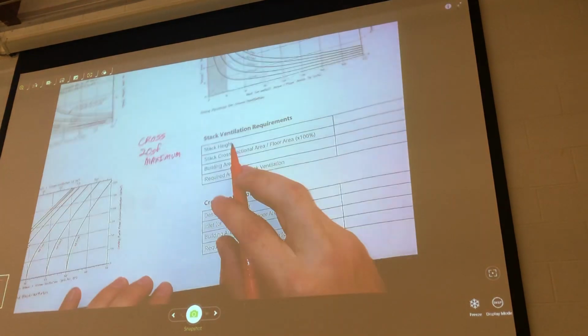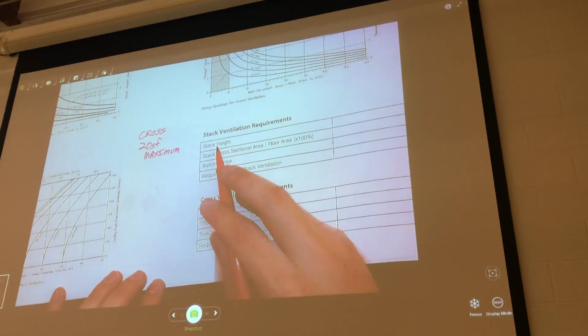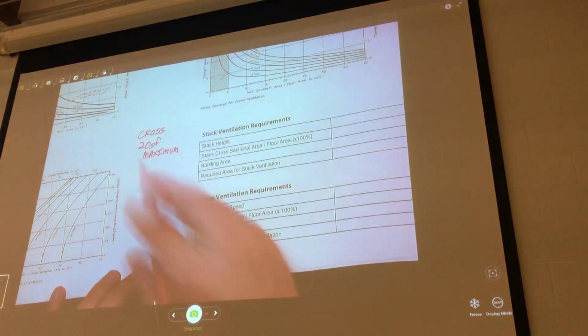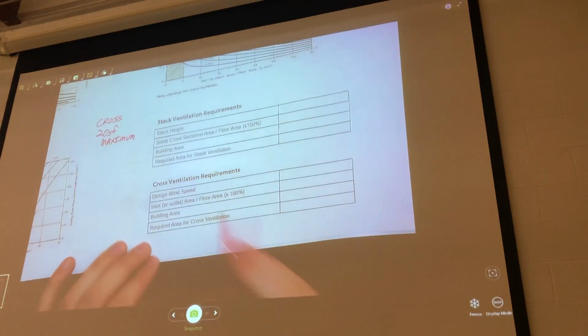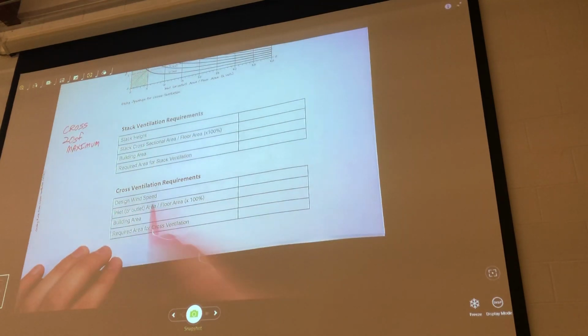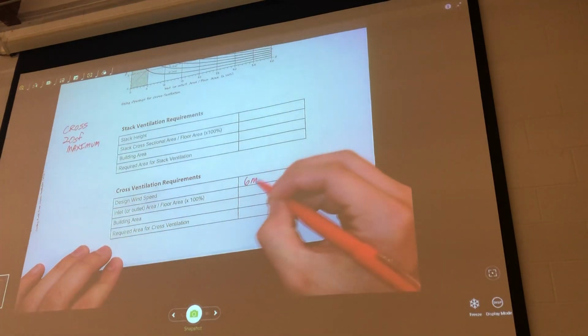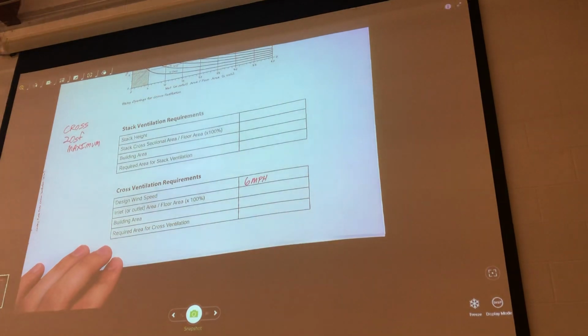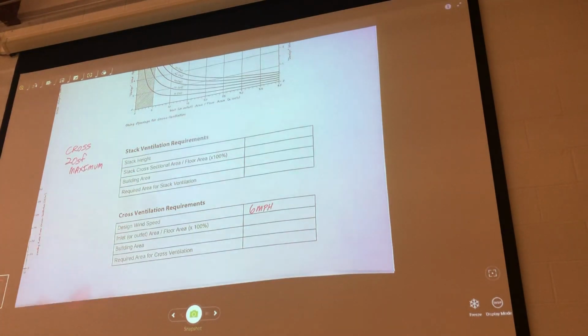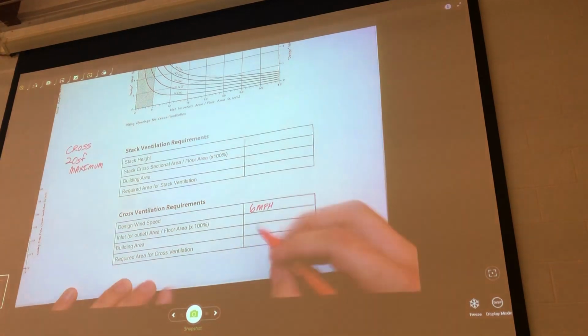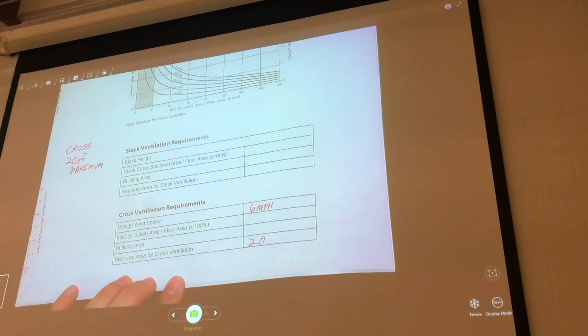So, we've got our stack ventilation. We're going to have our stack height. We're starting cross, never mind. So we're going to do cross ventilation. Design wind speed, we had our 6 miles per hour that we've already designed. 20 square feet, we need to figure out what percent that is. We're only providing 20 square feet.